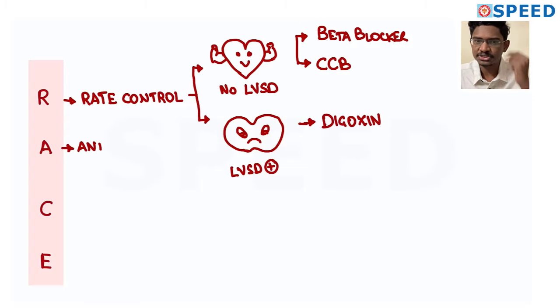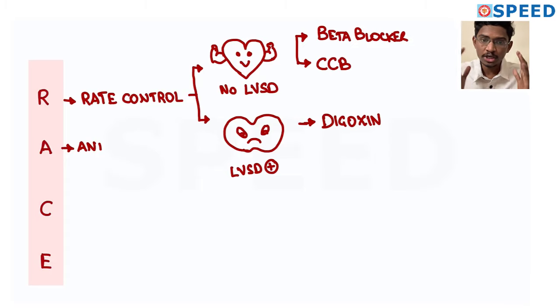How to select the drugs here? First, see whether the patient has any left ventricular systolic dysfunction. If the left ventricle is normal, you can give a beta blocker or calcium channel blocker. If there is left ventricular systolic dysfunction and you give a beta blocker or calcium channel blocker, that will inhibit myocardial contractility, which is already reduced.